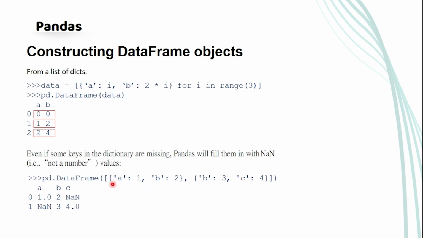So the first dictionary has no value for c, and the second dictionary has no value for a. We can see this generates positions with missing data, and Pandas will fill these positions with NaN, not a number.